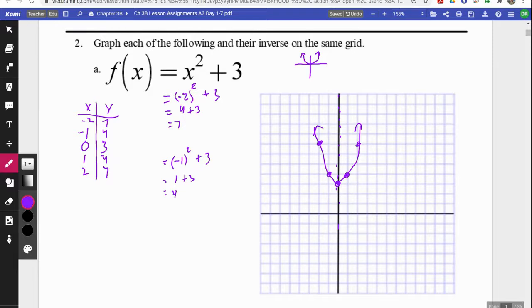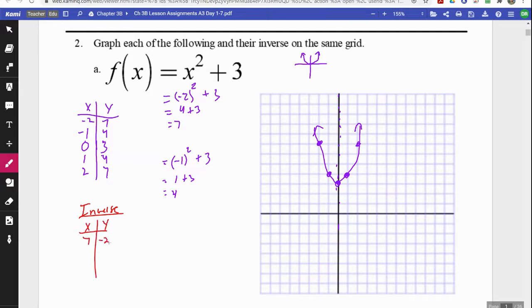And now we know about inverses. All we would need to do is swap the two parts of the ordered pair. So my new one, the inverse, is where the new x and the new y are just flipped: (7, -2), (4, -1), (3, 0), (4, 1), (7, 2).